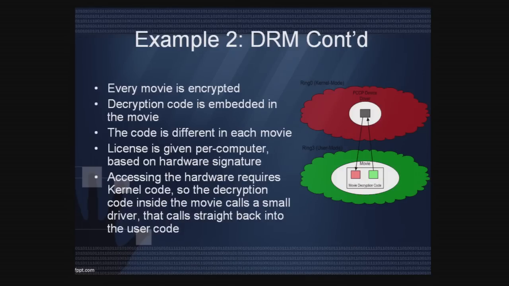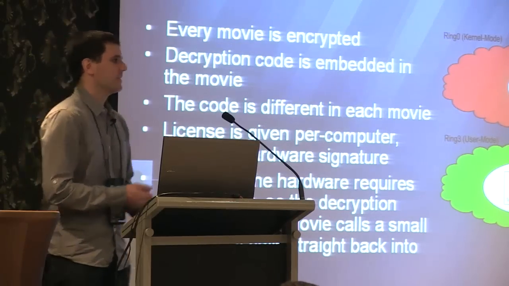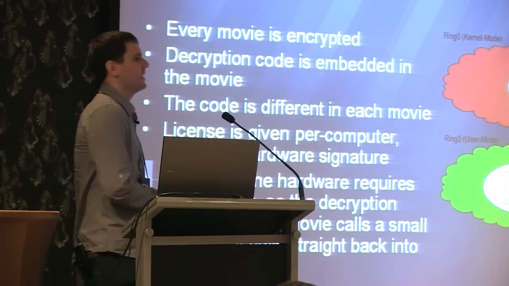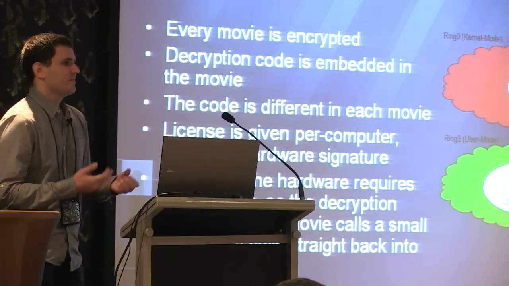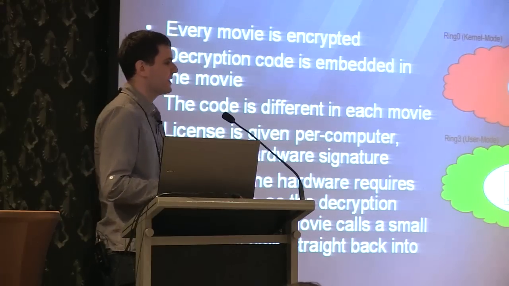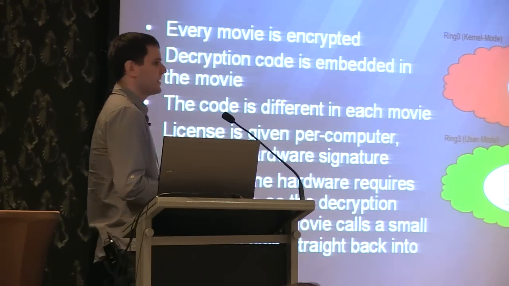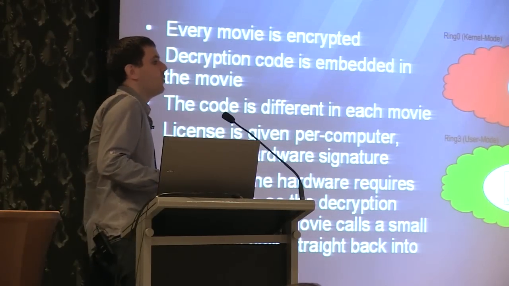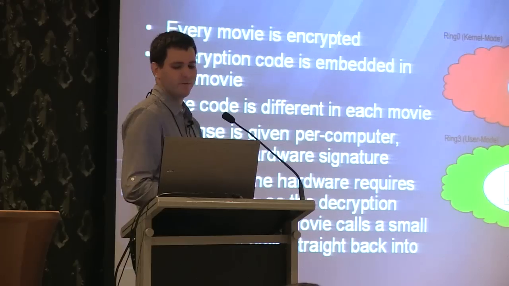But when you come down to the bottom of it, the way DRM works is it basically has to attach a license to your machine. It differentiates between machines by reading your BIOS, getting your MAC address, all these things. To do these things, you need more permissions than you have in user mode.